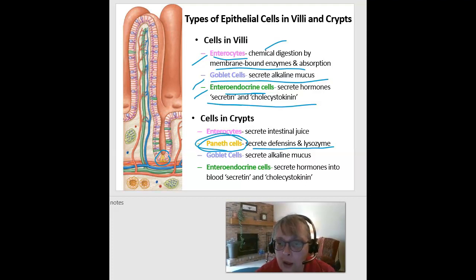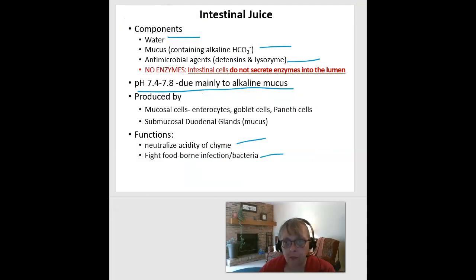So intestinal juice is made up of water, mucus, and these defensins and lysozyme. Notice that the mucus is alkaline because it contains bicarbonate, which is a base. And the mucus is produced by goblet cells as well as the Brunner's glands.